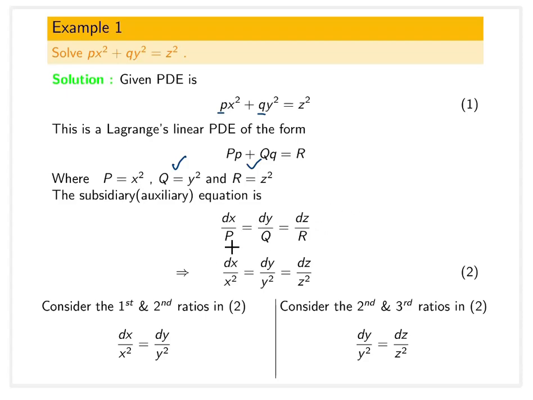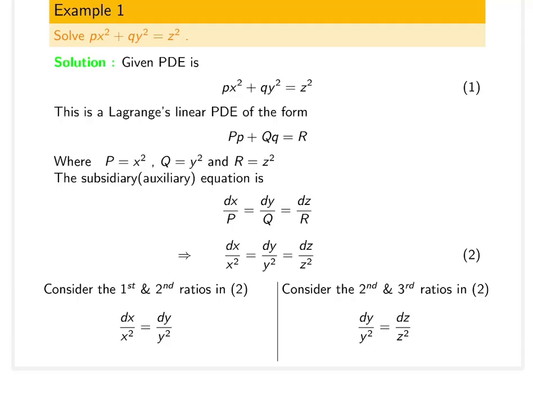So this is our subsidiary equation. Replace P, Q, R with these values: P is x square, Q is y square, R is z square.